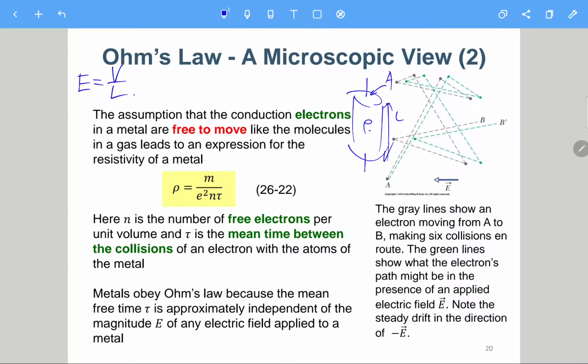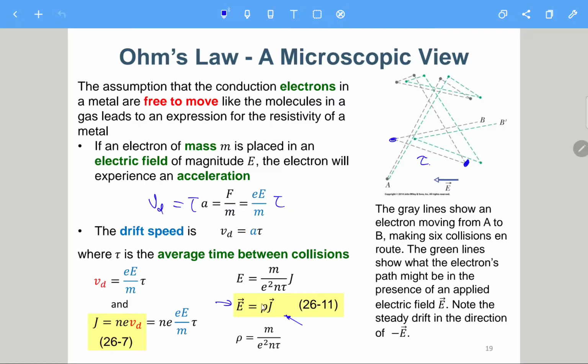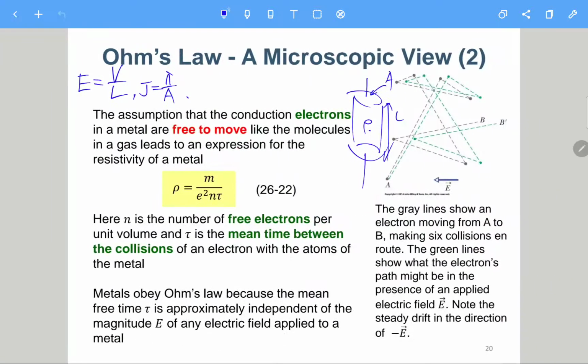So we will consider V, which is the voltage difference between this point and this point, and V over L should be E, and then J is I over A. So for this one we have rho equals E over J.